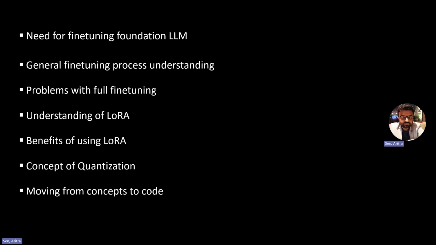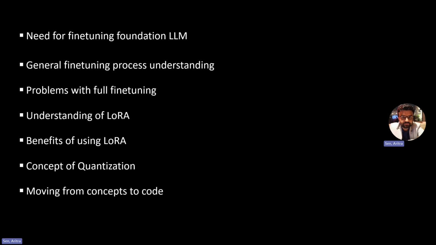Now let's get started. These are the topics which will be covered in this session. First we will start with what is the need for fine tuning a foundation model. Then we will look through how the general fine tuning process works in case of a normal LLM.